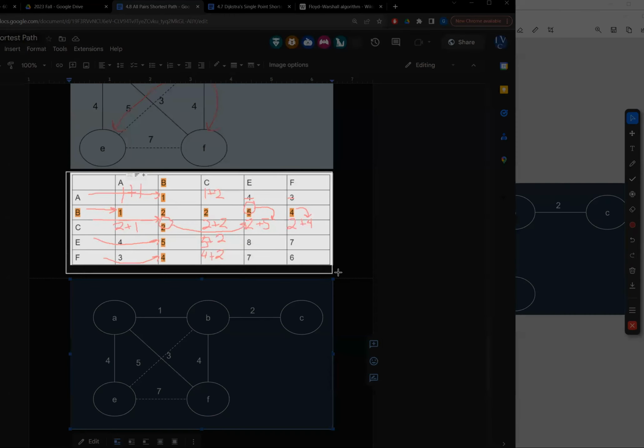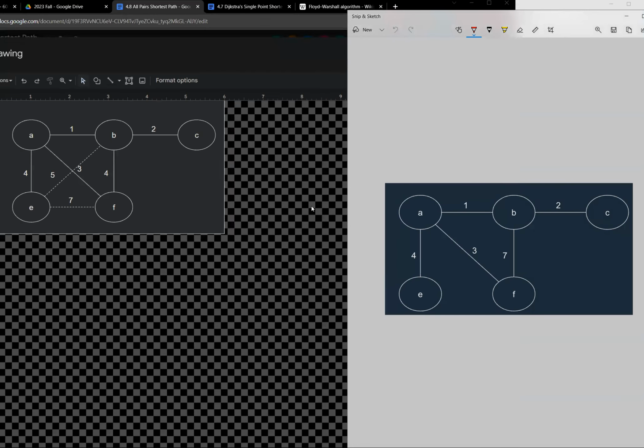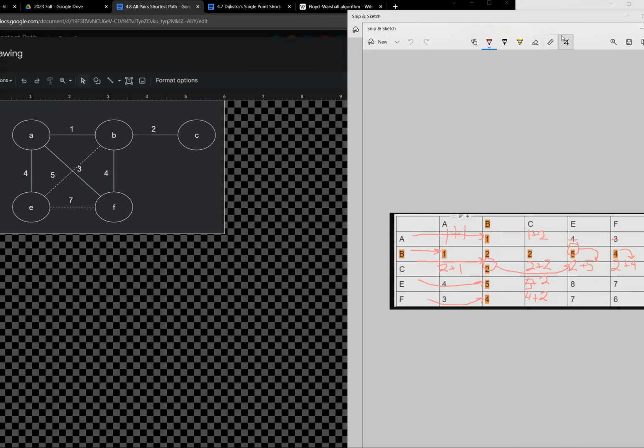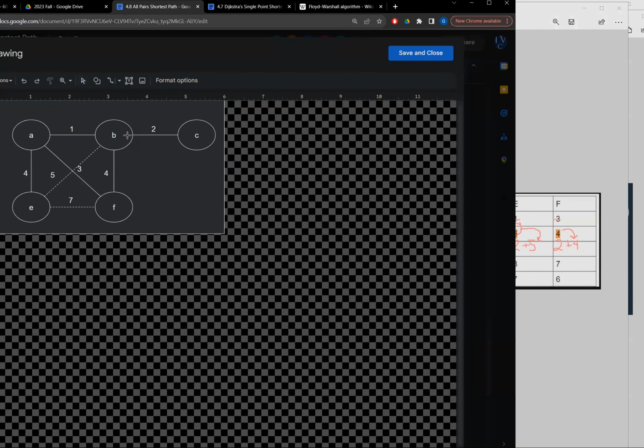Get a screenshot off to the side. Right, so A now has a path there. That costs 3 to get there.